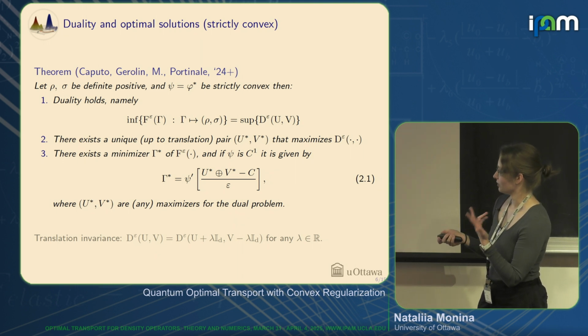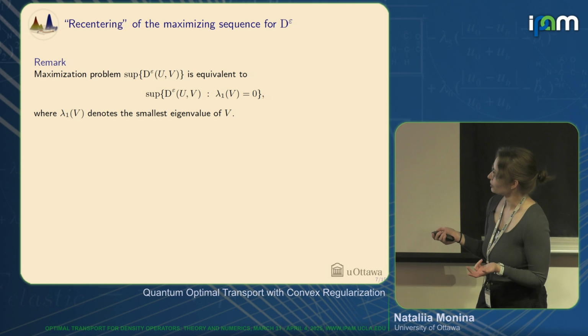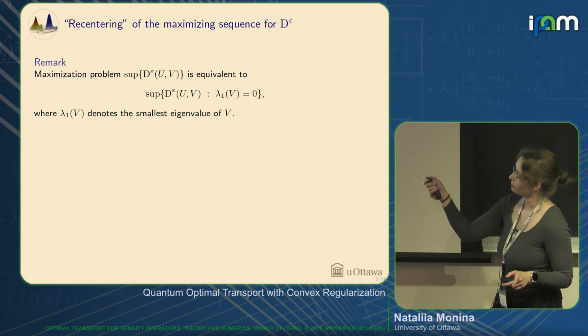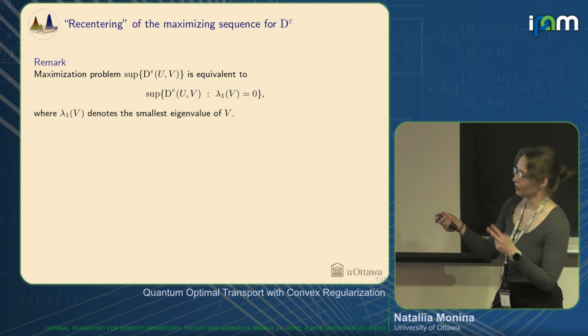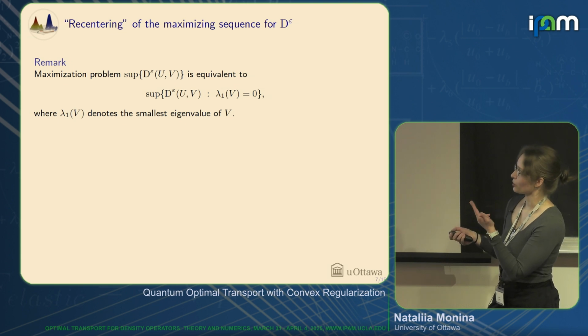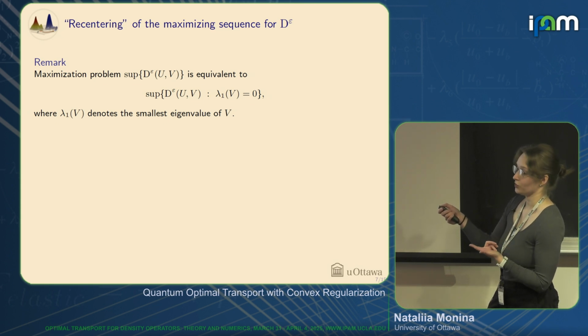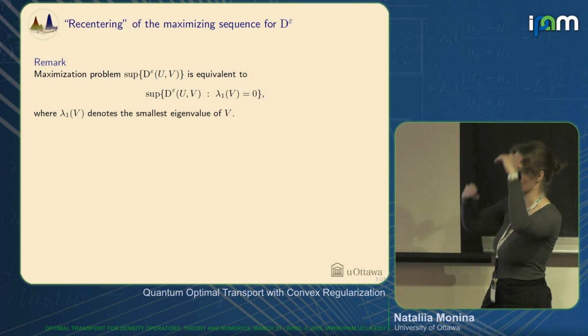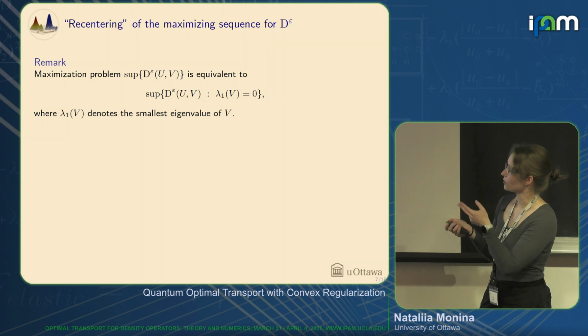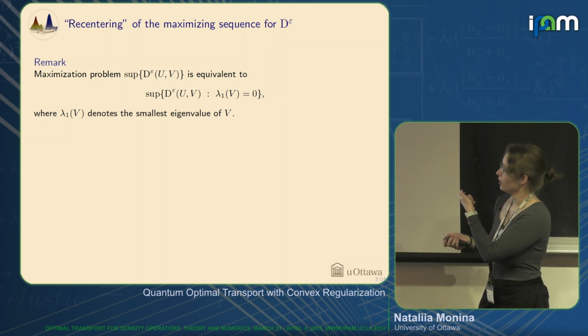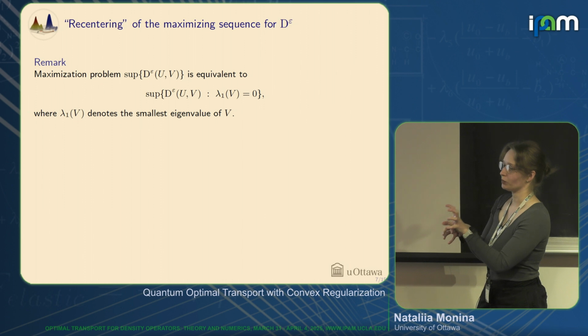But in our proof, what we notice is that if you want to maximize the problem in U and V over all semi-definite positive matrices, due to the shifting, it is exactly the same as if you also constrain that the first eigenvalue of V is equal to 0. Because it doesn't matter if you reshift in two directions. You can always fix one of the eigenvalues, and then you will have just one pair.